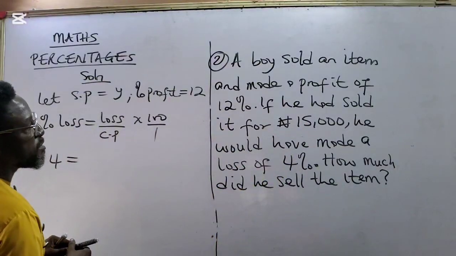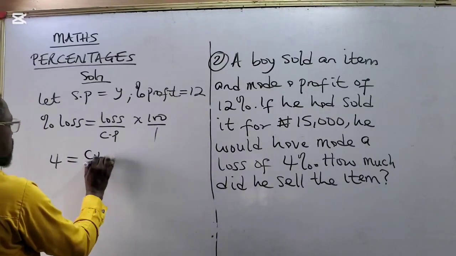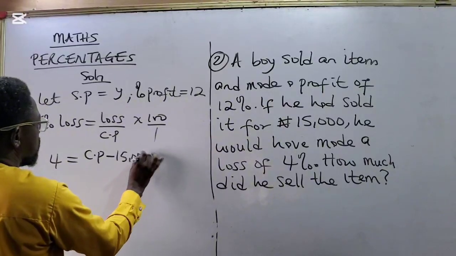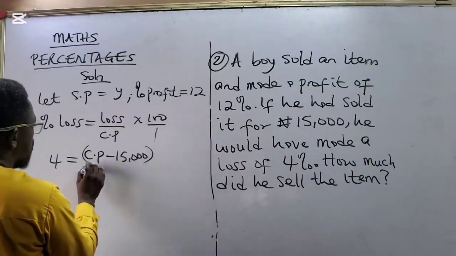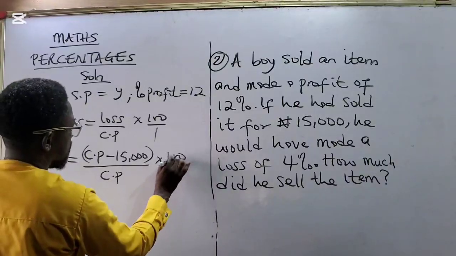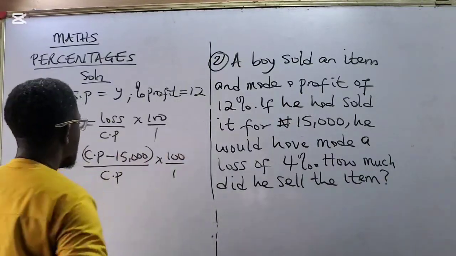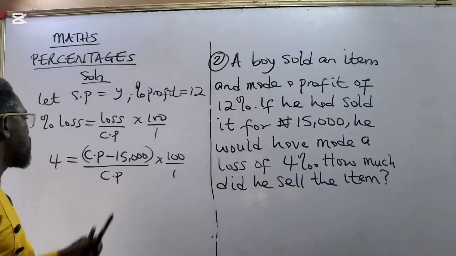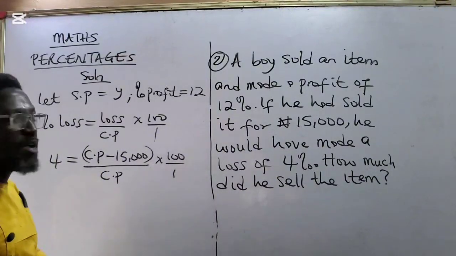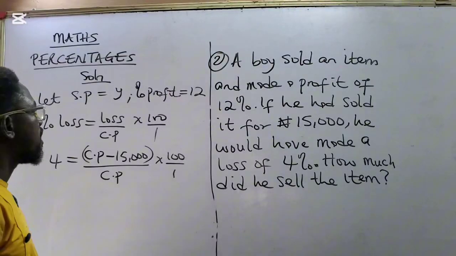So the loss is cost price minus the selling price, all over the cost price, which is what I'm actually looking for, times 100 over 1. If it is profit, then it is the selling price minus the cost price. But since the loss is cost price minus selling price, I gave you that formula in our previous class.